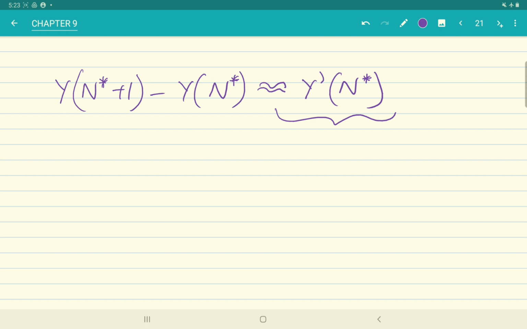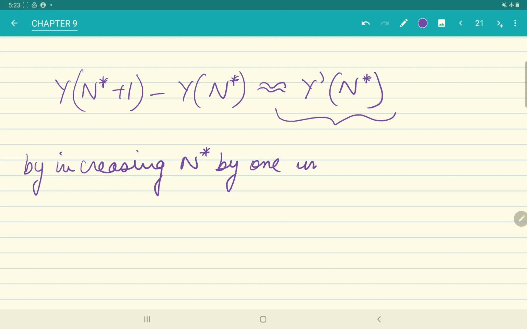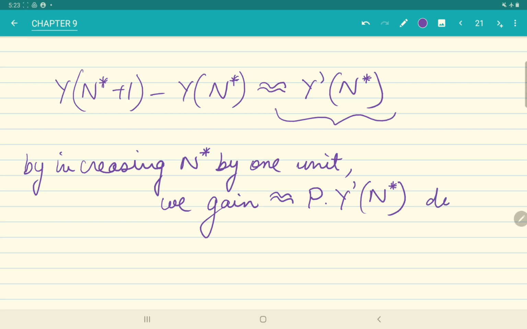What does that mean? That means I can say that by increasing n star by 1 unit, we gain approximately this much, p multiplied by y prime n star. These many dollars we gain.